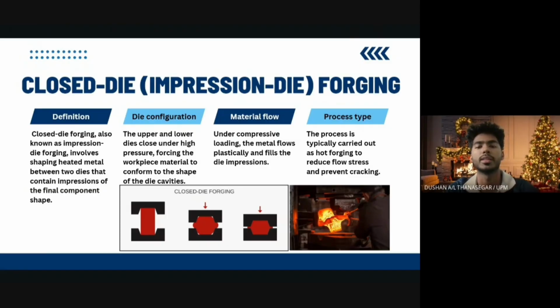This controlled flow is important because it aligns the grain structure with the part geometry, which in turn improves the mechanical properties. Finally, this process is usually carried out as hot forging. Forging at elevated temperatures reduces the flow stress, improves ductility, and helps prevent cracking during deformation.